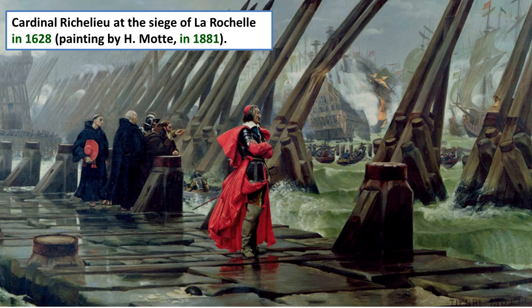And in 1628, La Rochelle surrendered, and it was the moment when the Protestants had no more military and independent influence in the country. So that's quite a famous event in the history of France.